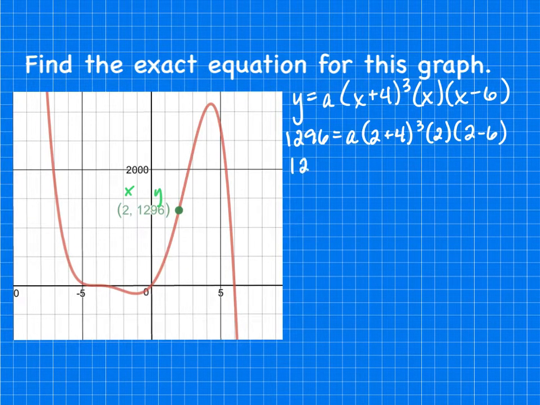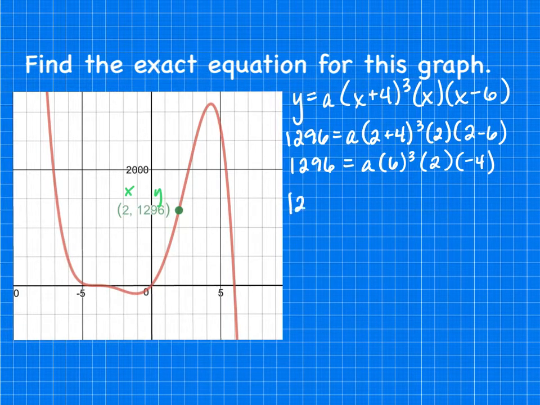So 1296 equals a times 6 cubed times 2 times negative 4. 6 cubed is 216.